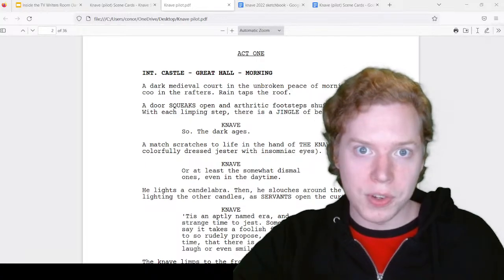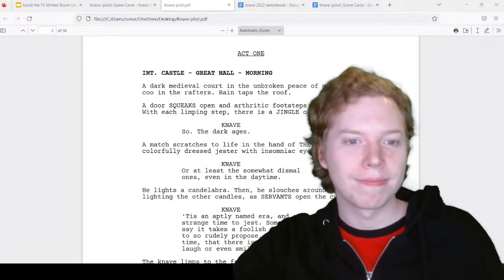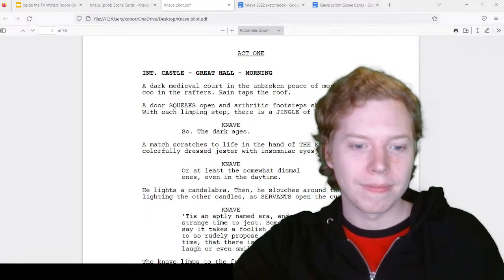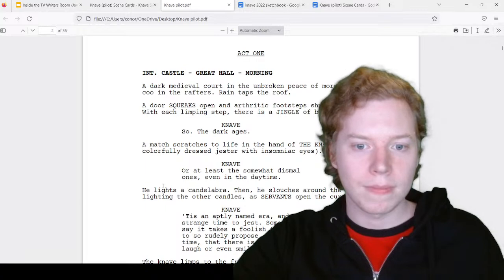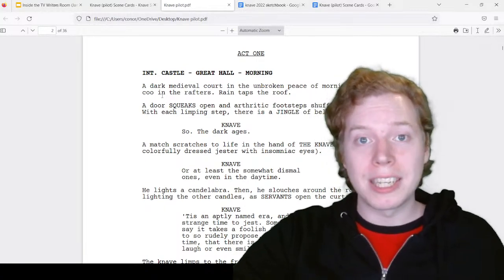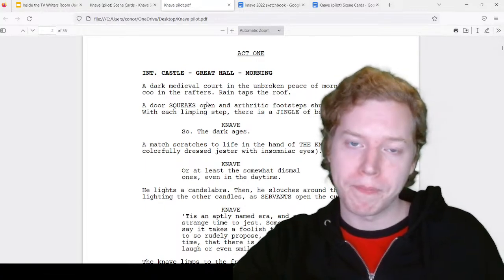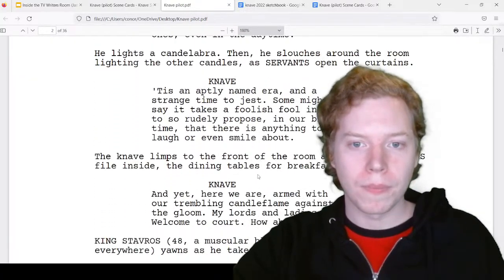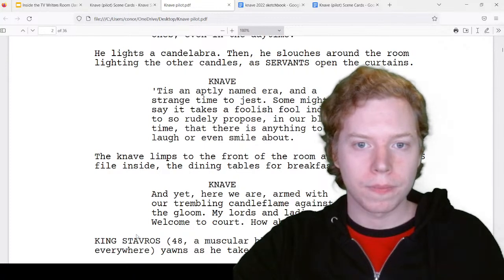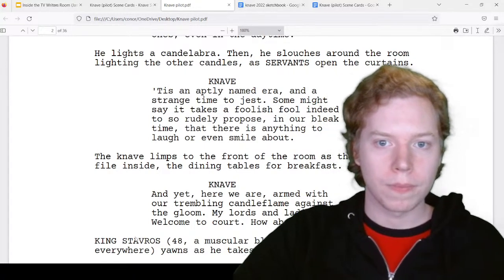So, the Dark Ages. A match scratches to life in the hand of the Knave, 30, a colorfully dressed jester with insomniac eyes, or at least the somewhat dismal ones, even in the daytime. He lights a candelabra. Then he slouches around the room, lighting the other candles as servants open the curtains.